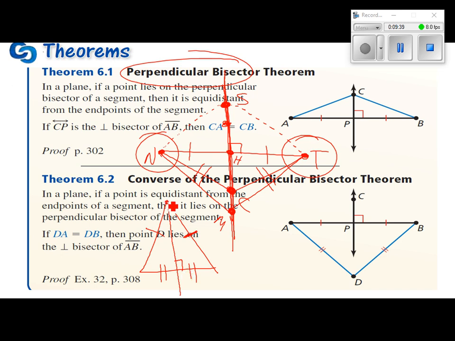So if this point is the same distance from this endpoint as it is from this endpoint, then that point is going to lie on the perpendicular bisector of this bottom segment here. This is the main one. Anytime you have any point that falls on that perpendicular bisector, it's the same distance from here as it is from there.